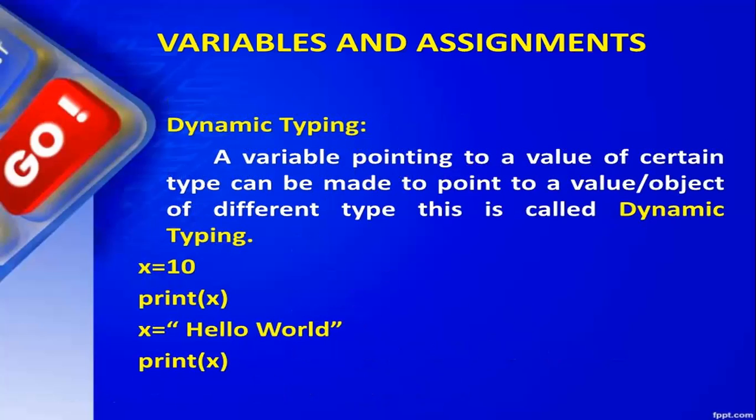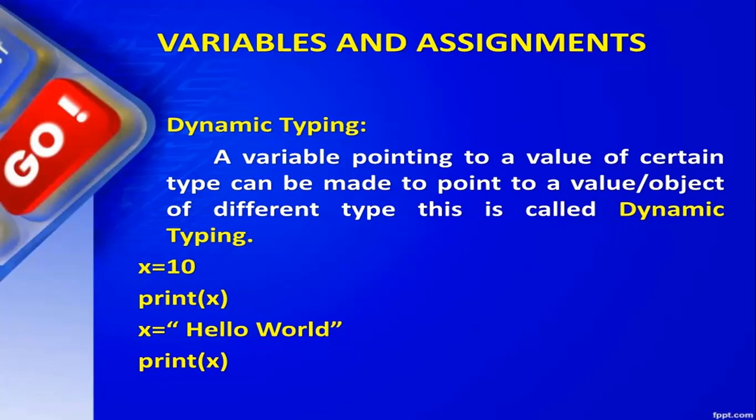Now we come to dynamic typing. What I have been telling you since so long, you all have heard. Today we'll finally learn dynamic typing. In dynamic typing, a variable pointing to a value of certain type can be made to point to a value of different type. This is called dynamic typing.